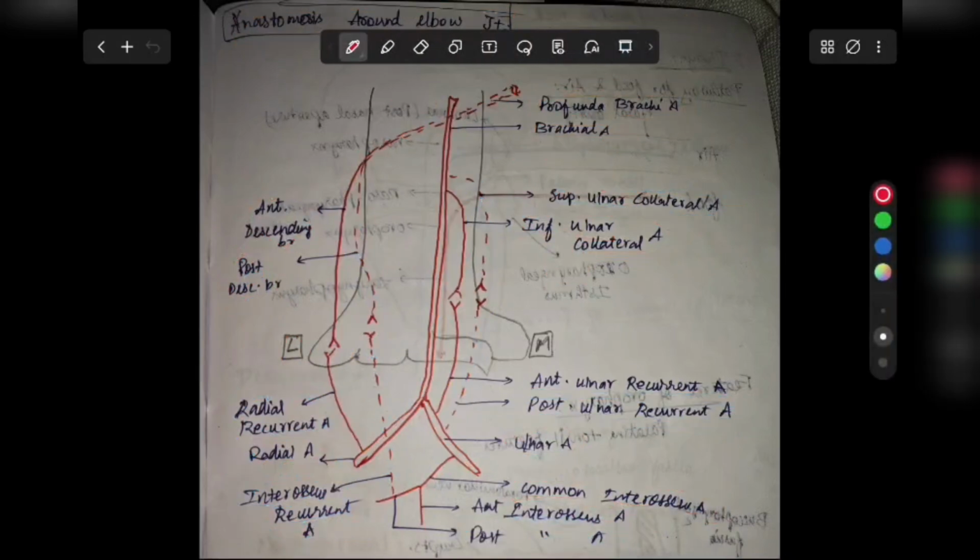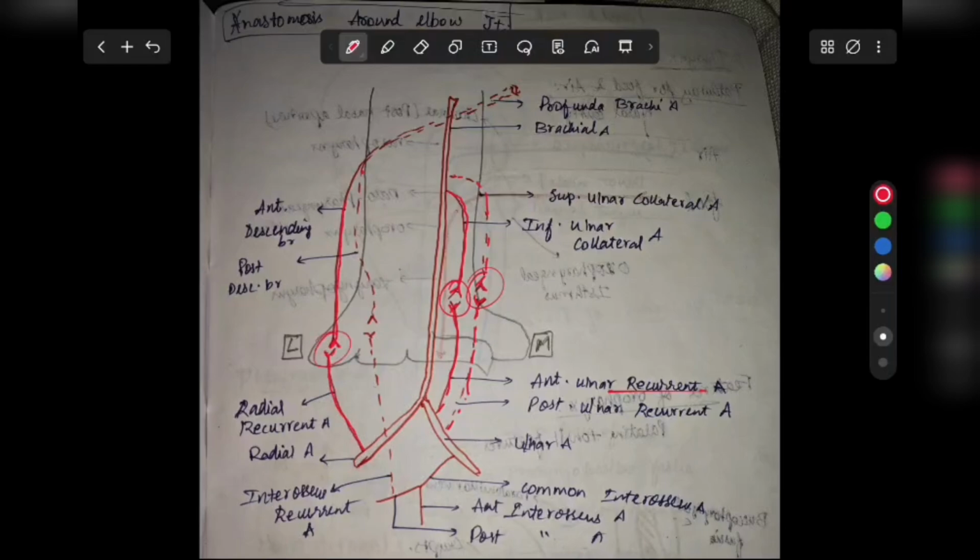So to conclude, the superior ulnar collateral artery and the posterior ulnar recurrent artery anastomose here. Next, the anterior ulnar recurrent artery and inferior ulnar collateral artery anastomose here. The third anastomosis is between the anterior descending branch and the radial recurrent branch of the radial artery.